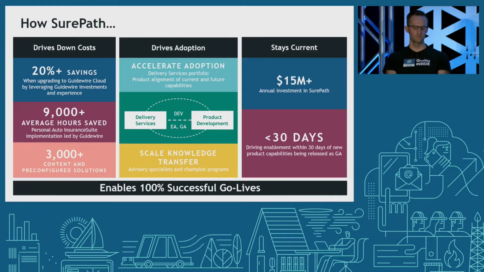That's awesome. I'm going to go over to Zach and give you an opportunity to say, with increased release cadence, we're back in this drive adoption in that yellow box down the bottom about scaling knowledge transfer. So can you just talk a little bit to how does SurePath help with scaling the knowledge transfer to the teams? Okay. That's a good question.